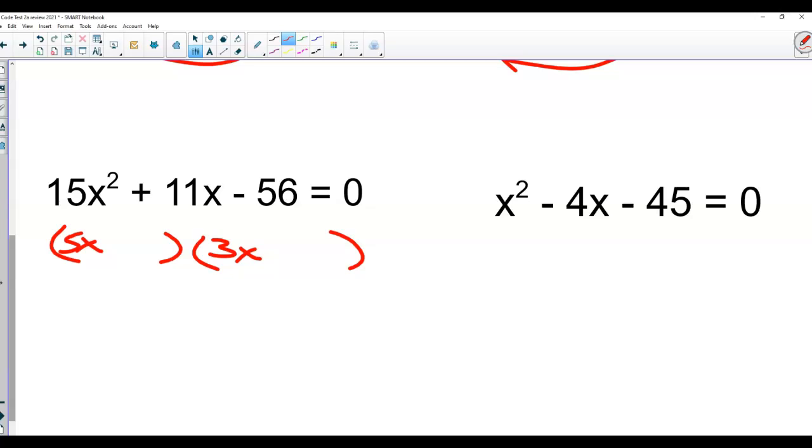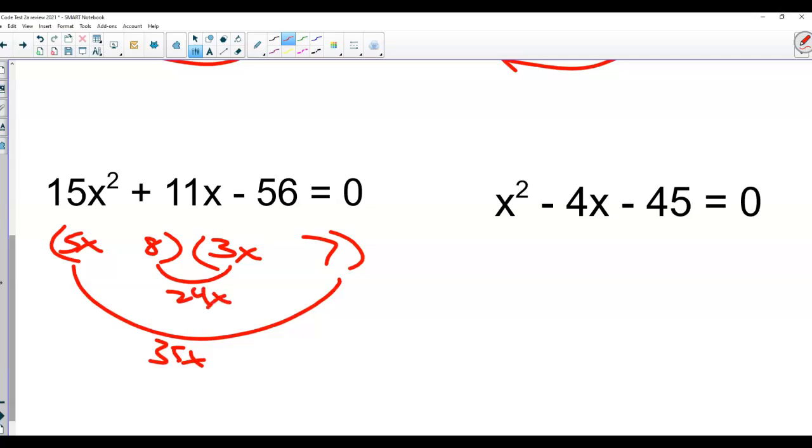For 56, I'm going to use 8 and 7. 35x, 24x. You just need to check that middle term. Is there a way to make 35 and 24 equal to 11? Yes. 35 and a negative 24 equals a positive 11. So I'm going to make my 8 negative and my 7 positive.